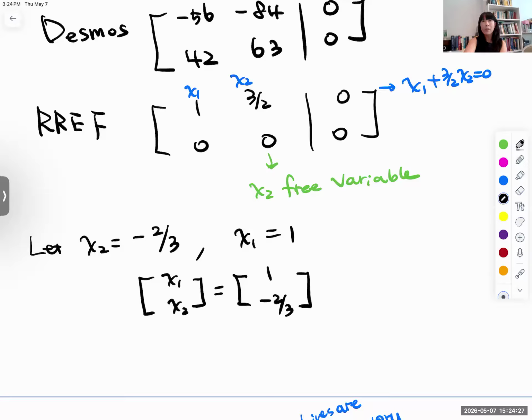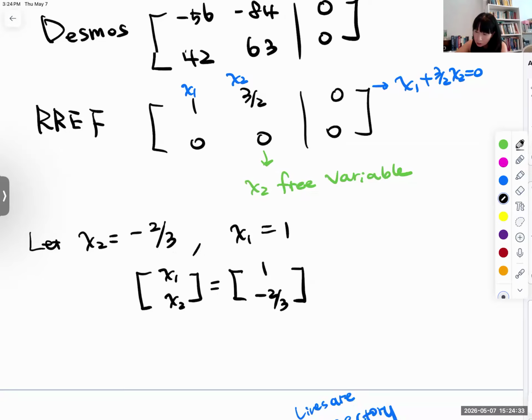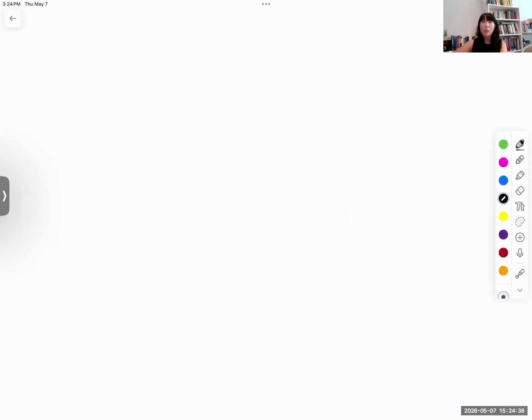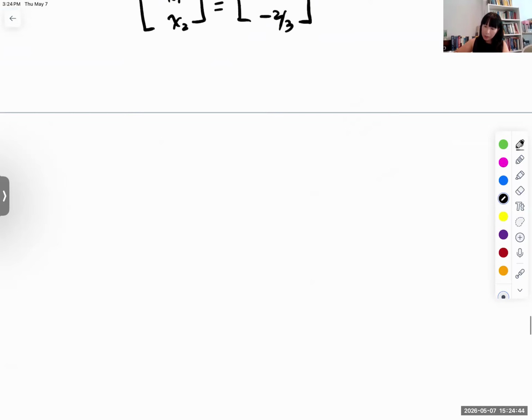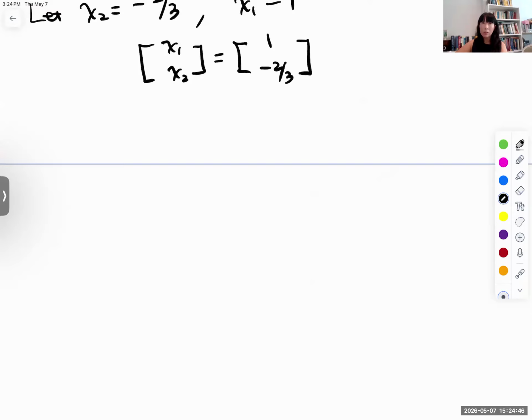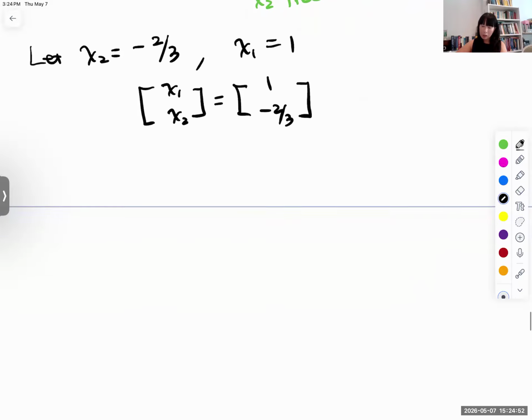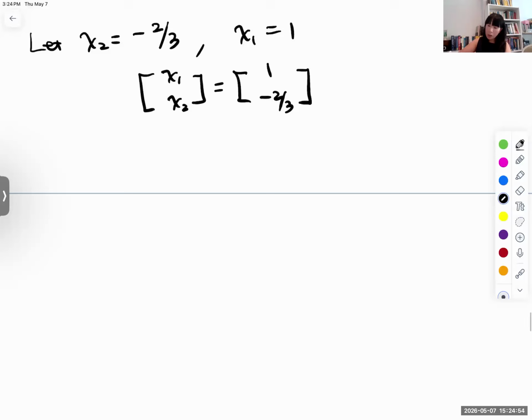Hold on one second, let me use the other. Okay, so I want to make just a vector u of t. This is so far what we did, right?